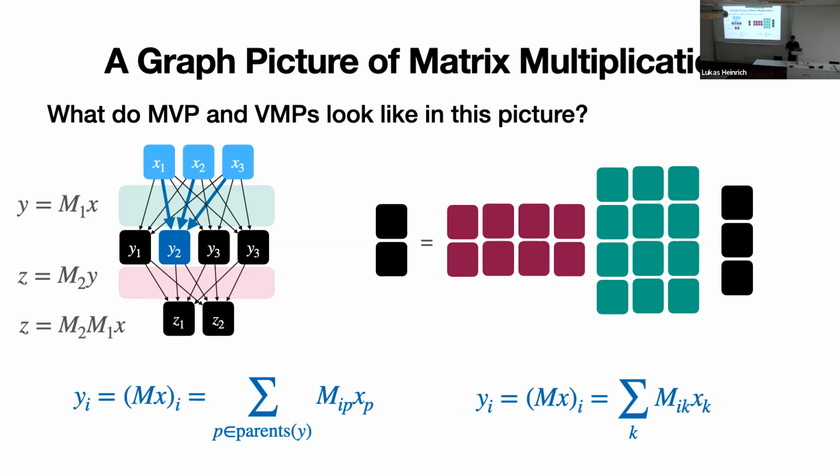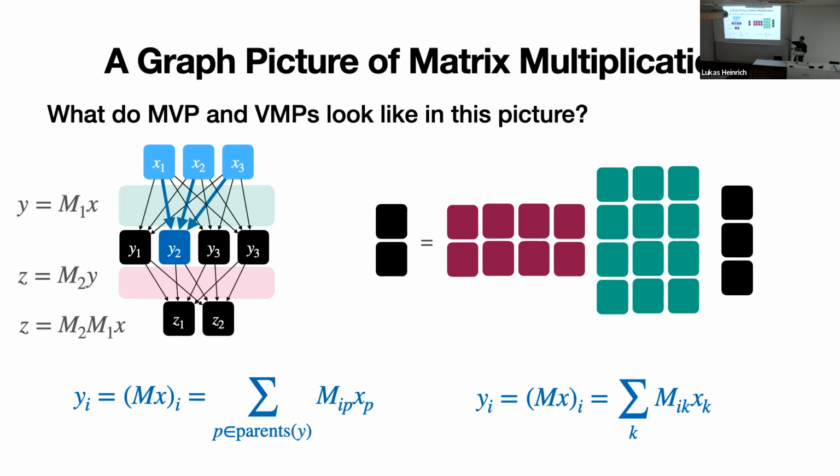And then you do a weighted sum of the inputs, weighted by whatever weight is on the edge, right? And so you can generalize matrix vector products and vector matrix products to graphs, right? Without any issues, exactly the same type of construction. But now you have a freedom: you don't need to have a graph that is fully connected like this.